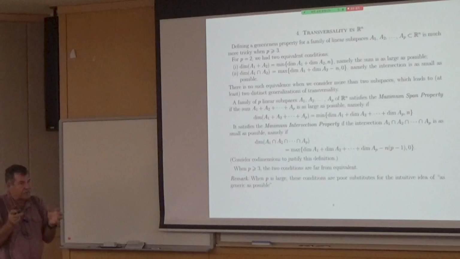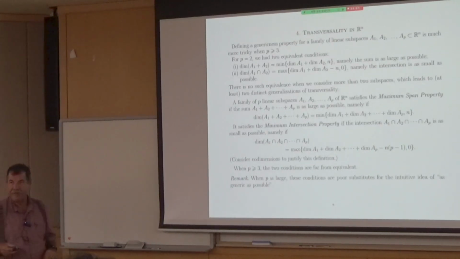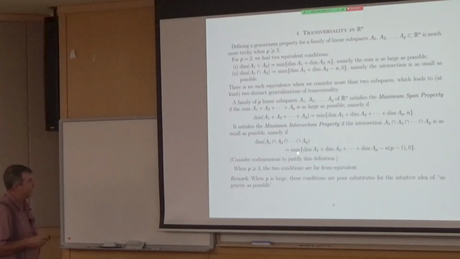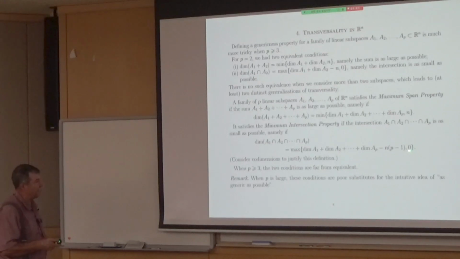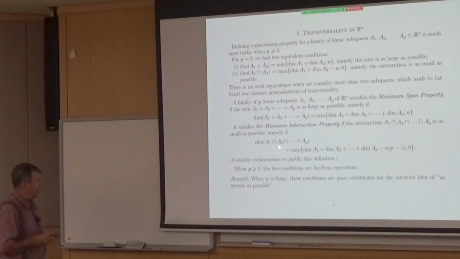Essentially you would like the dimension of this to be the sum of the dimensions minus n(p-1). You do it in terms of codimensions. That's a clear condition, except it cannot be negative, so you take the maximum of that with 0. And that gives you this minimum intersection property.